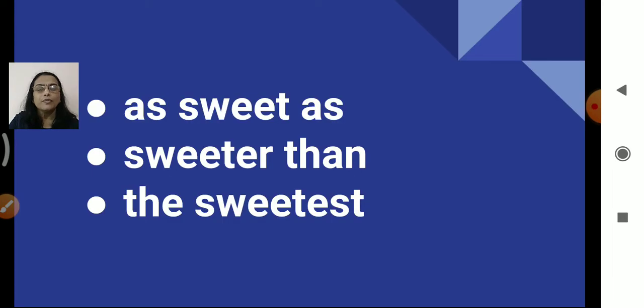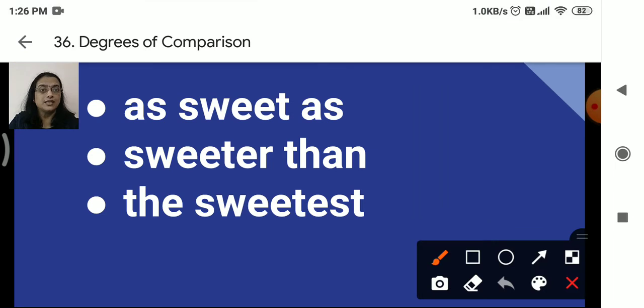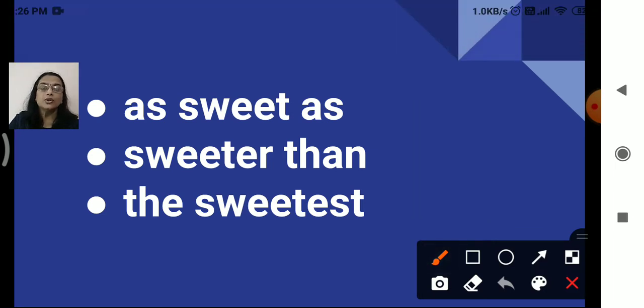Now here you can see as sweet as. In the sentences it was written as sweet as, then sweeter than, the sweetest. So you have to keep in mind that these forms always come in groups.